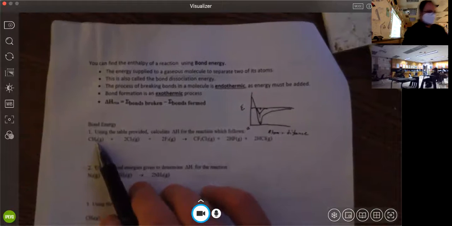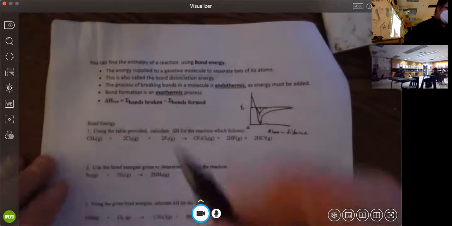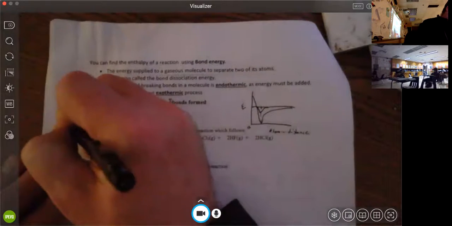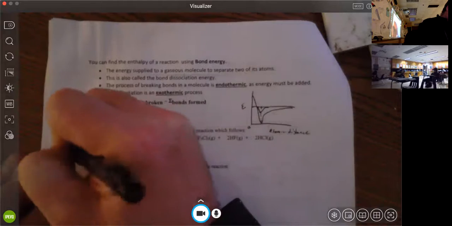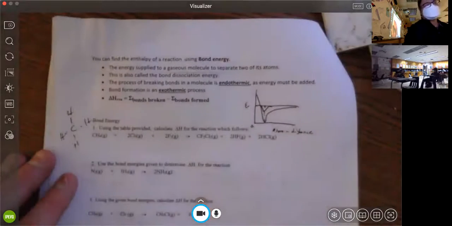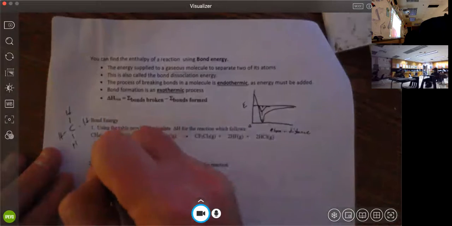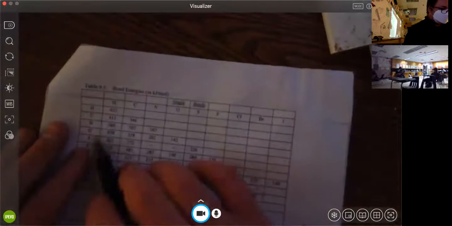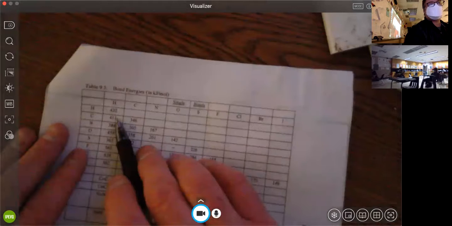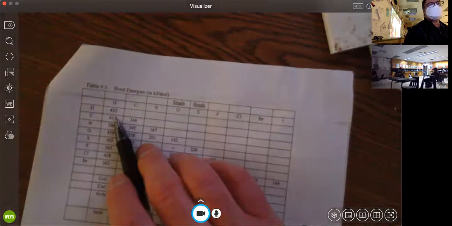Well, what do the bonds in methane look like? Well, we have to know the Lewis structure. So we have 4 carbon-hydrogen bonds that we need to break. If we take a look, every 1 carbon-hydrogen bond has 411 kilojoules per mole.